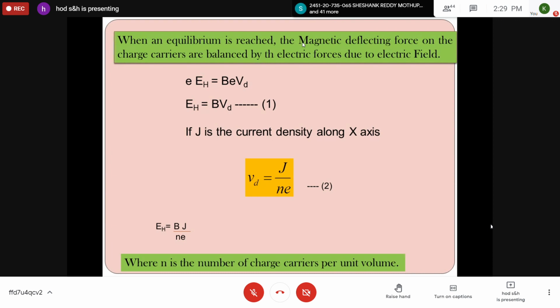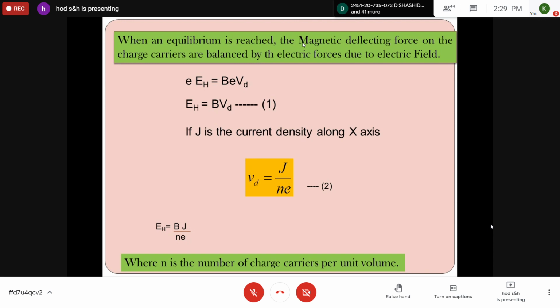Once again I repeat this: when a metal or a semiconductor carrying current is placed in a transverse magnetic field, an electric field is produced inside the material in a direction normal to both the current and magnetic field. This phenomenon is called the Hall effect, and the generated voltage is called the Hall voltage. To understand this, let us consider an n-type semiconductor. The current flows in the x direction, and the magnetic field is applied along the y direction.